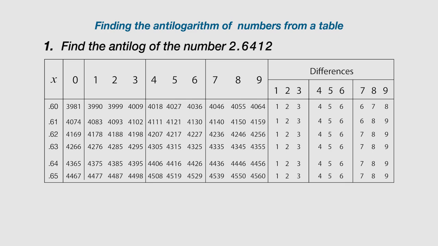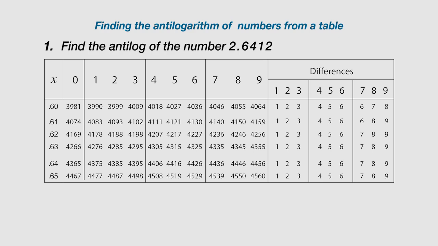Now we will write this number as 4.377, and then we multiply by 10 raised to the power 2. Now the 2 that is the exponent of our 10 is the characteristic of the log whose antilog we are finding.